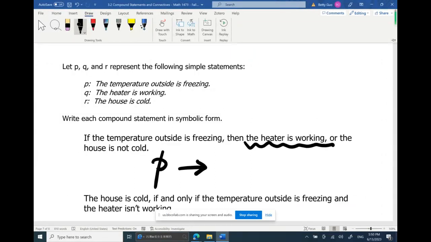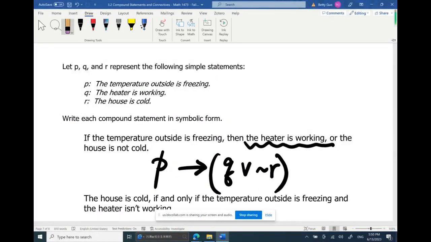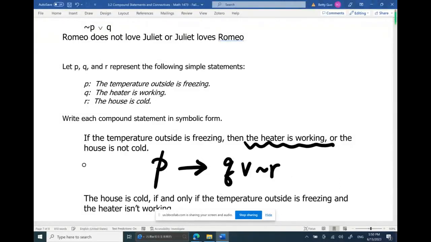Heater is working, Q, or, this is or, the house is not cold, so not R. All right? You can put a parenthesis here to make it even clearer, or without a parenthesis, it is still correct.